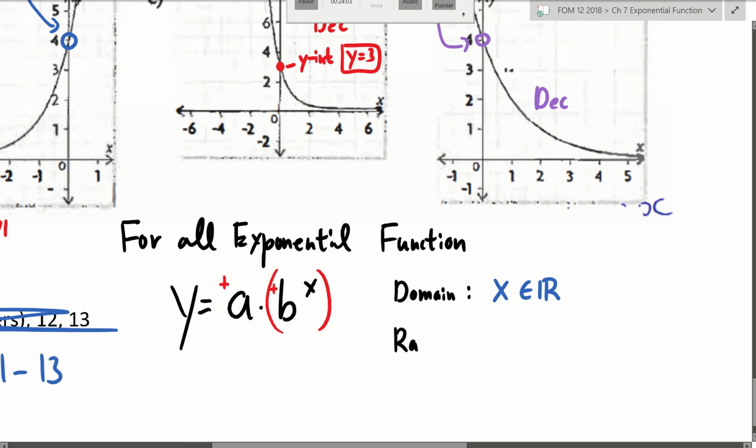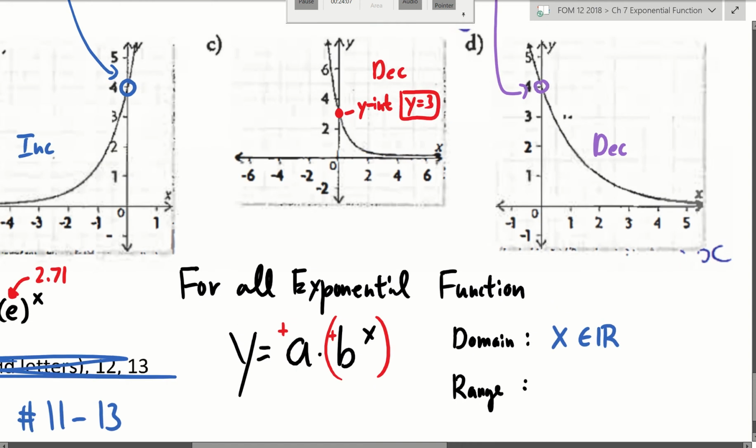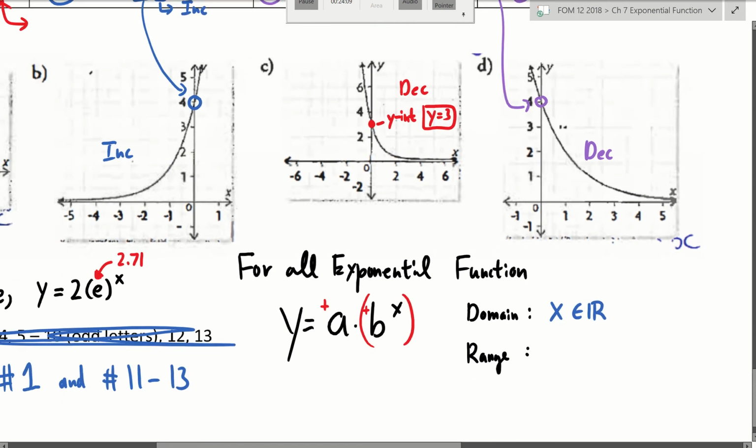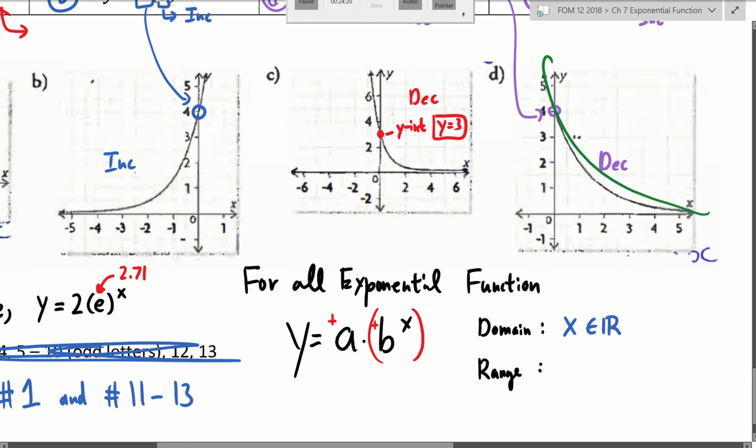For range, which is what are the possible y values, look at every single function. They all go up really, really high, right? Look at the one that is right here. The only restriction that the y value has is that it can never actually get below 0.